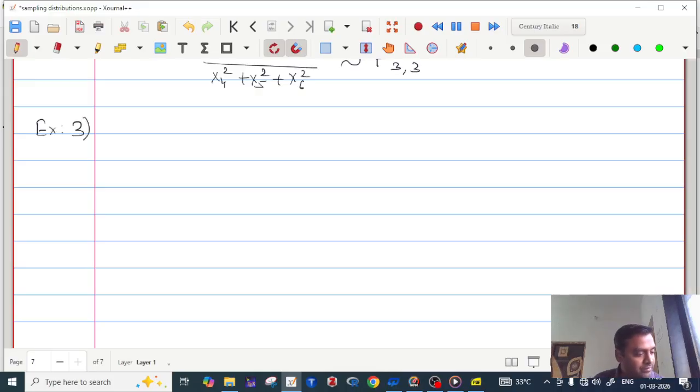Let's see the next one. Let's see one example based on MGF. M_X(t) is given as (1 minus 2t) raised to minus 8.